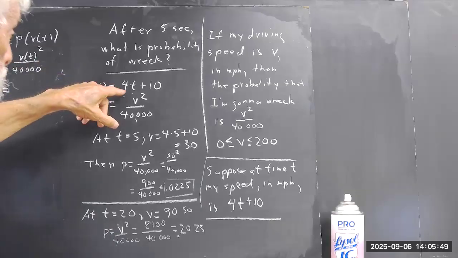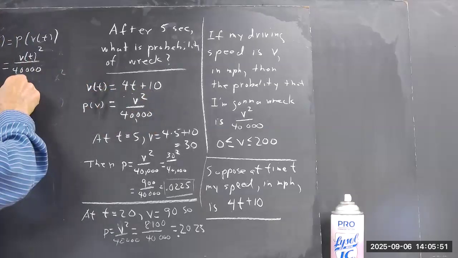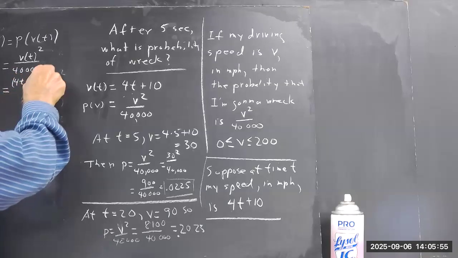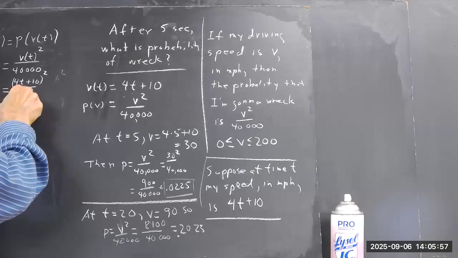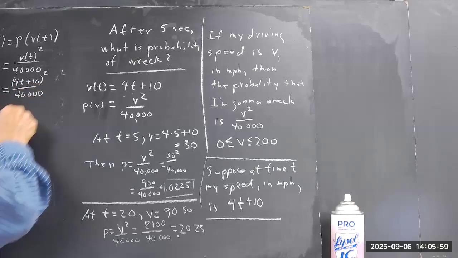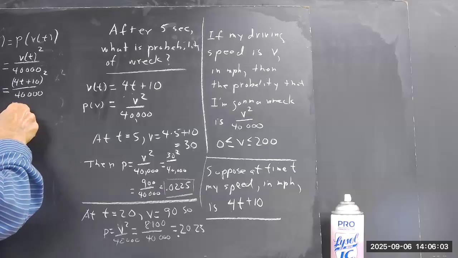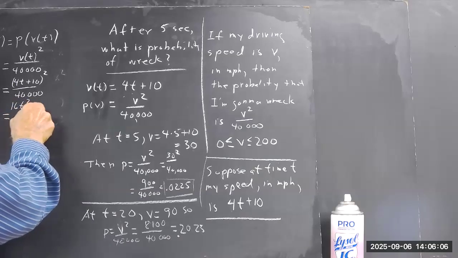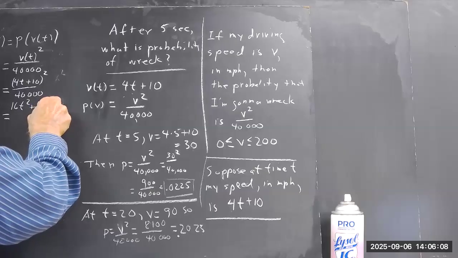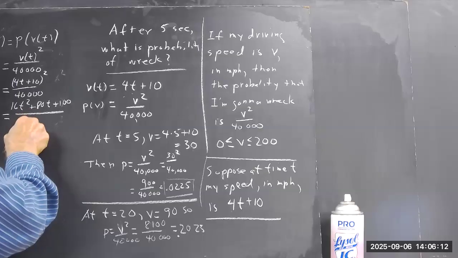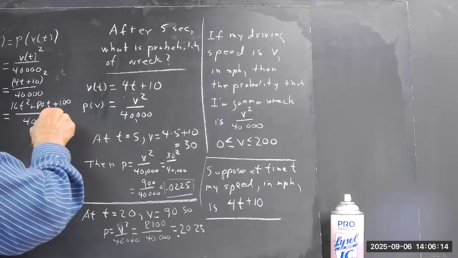And what's that? Well, V of T is 4T plus 10, squared over 40,000. And maybe we want to expand that square, which is going to give us 16T squared plus 80T plus 100 over 40,000.